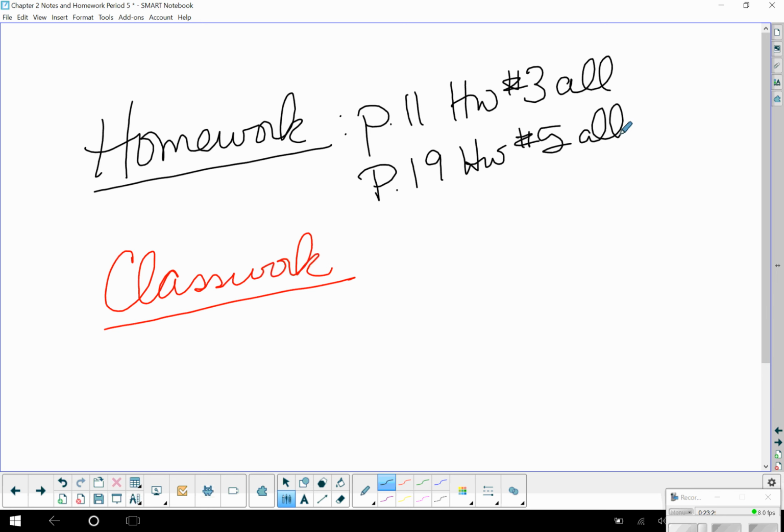Now for your classwork, page 11 is just page 11 for number 3. But for page 19, let's see if it's a back-to-back. It is. So for page 19 and 20, homework 5. Your classwork, though, for right now, is going to be page 10.